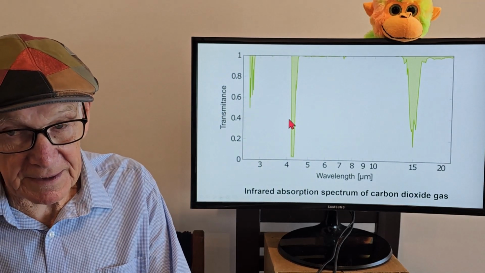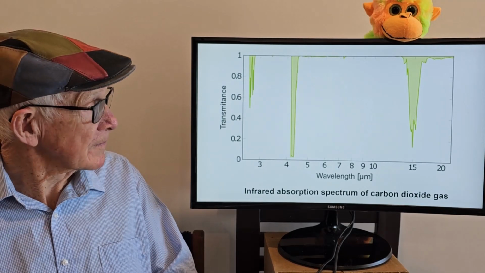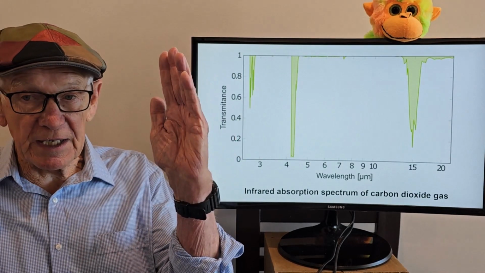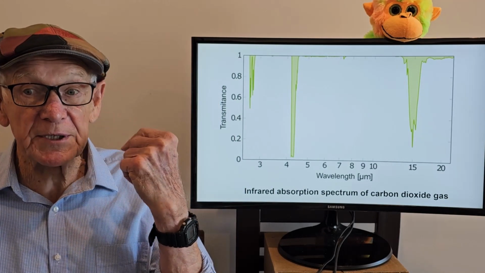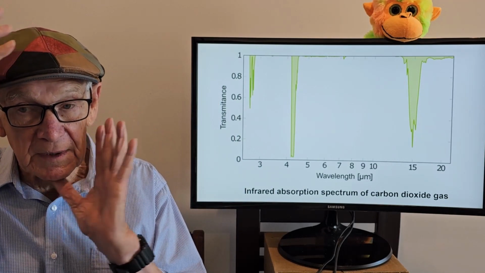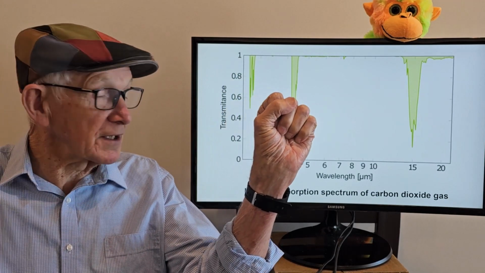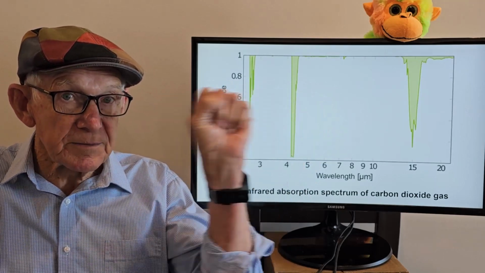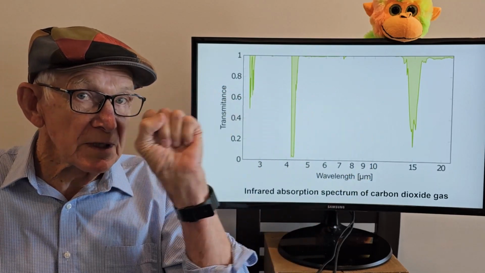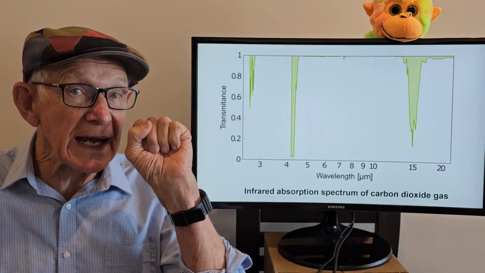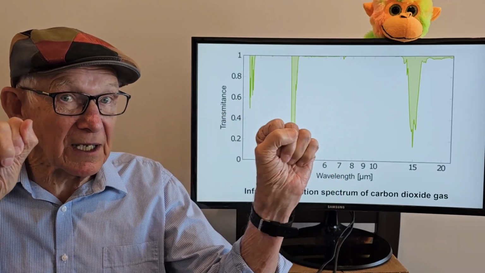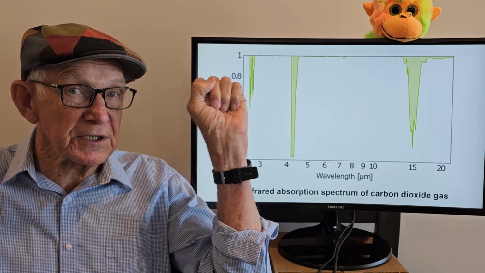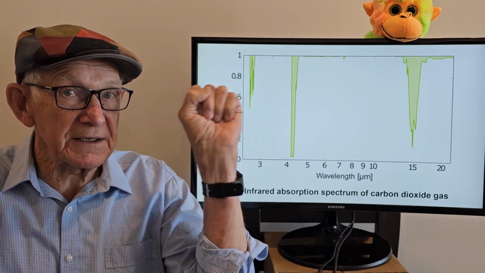Molecules can vibrate in a number of ways. So, for example, if this is the carbon atom, and here are 2 oxygen atoms, I can have vibration like that. I can have vibration that is antisymmetric, we call it, like that. I can have vibration of bending like that.